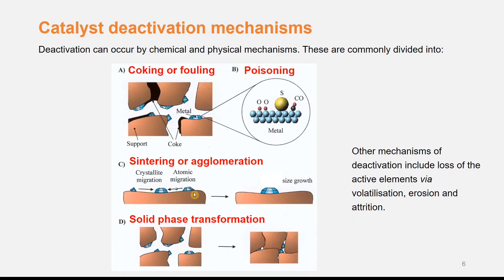In catalysts, active sites can agglomerate due to compaction or migration due to high temperature. It is easy to understand the effect of higher pressure. Higher pressure means more compaction.